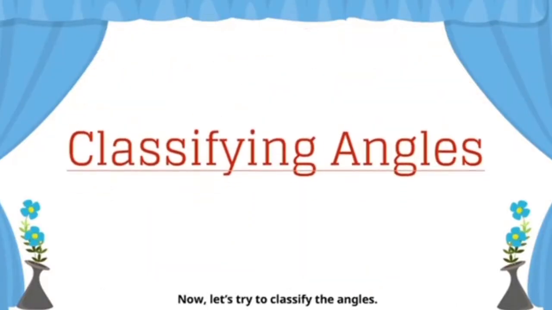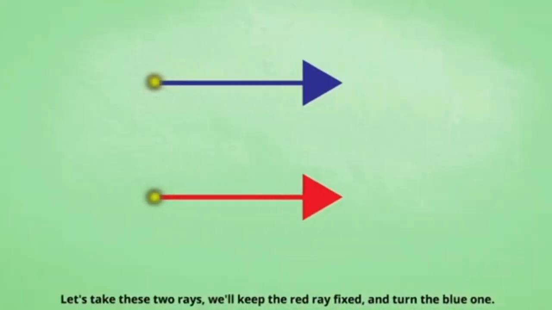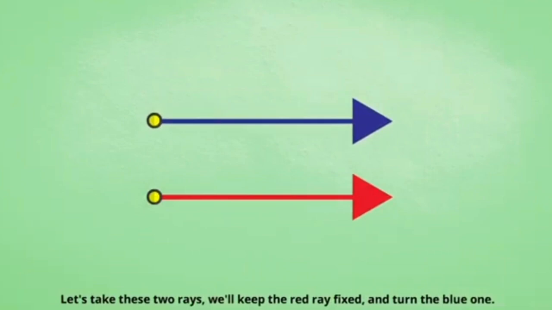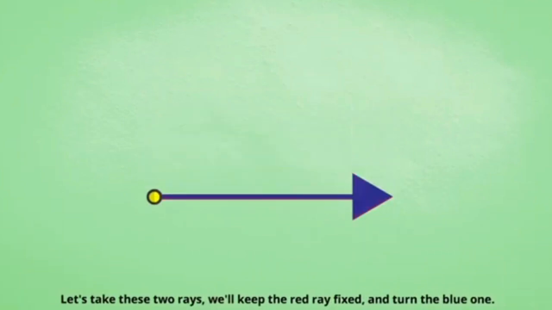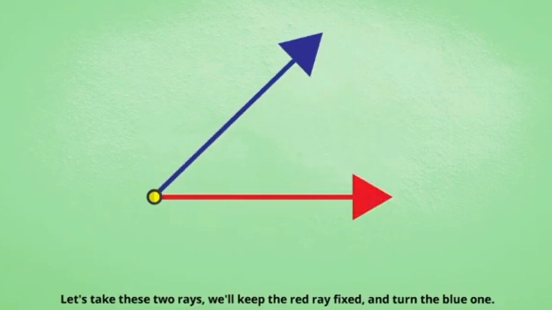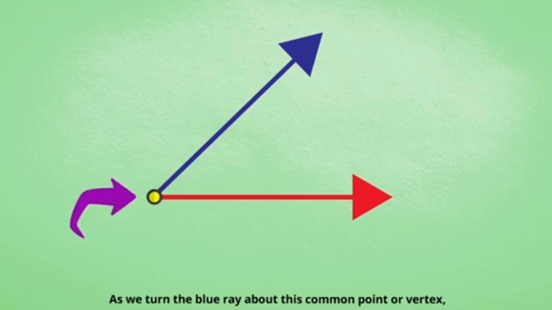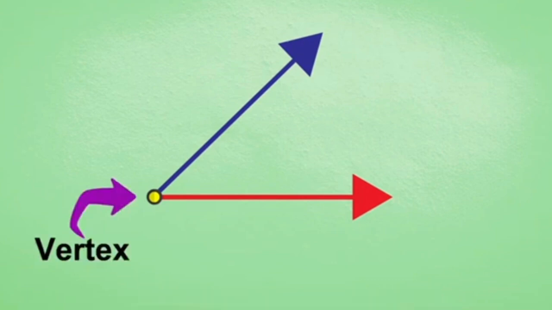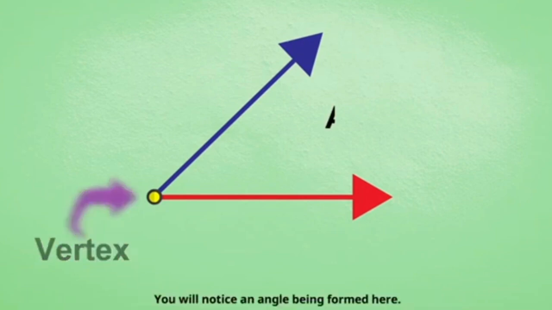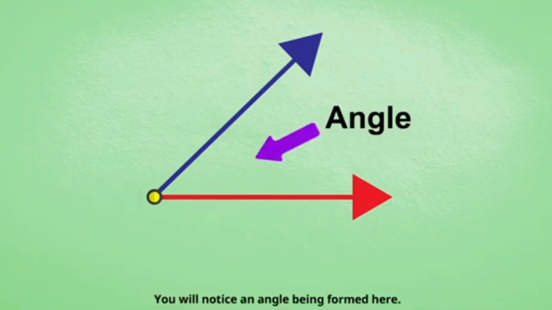Now, let's try classifying the angles. Let's take these two rays, one red, second blue. We will keep the red ray fixed and turn the blue one about this common point or vertex. You will notice an angle being formed here.